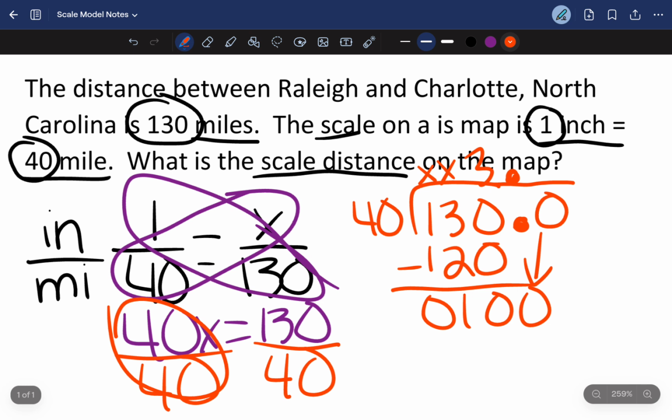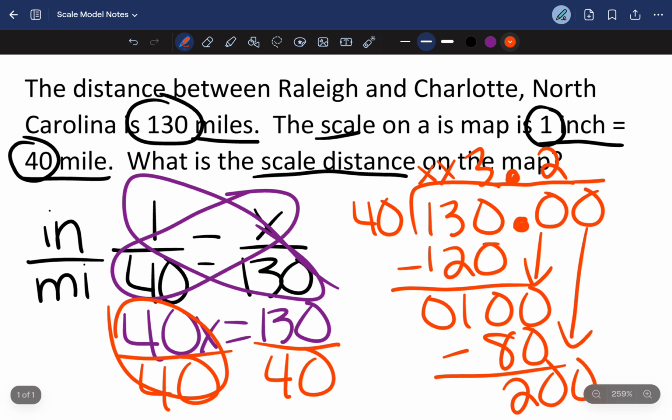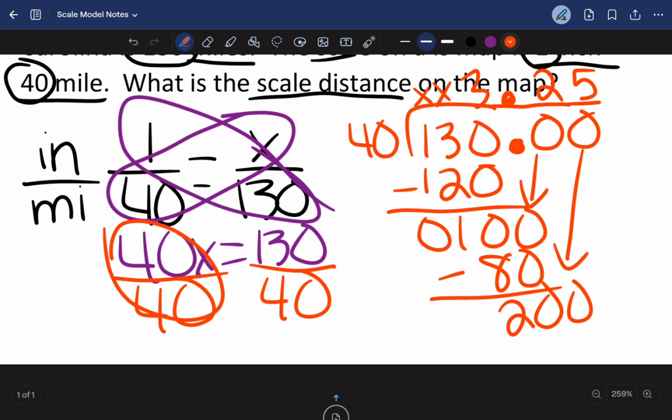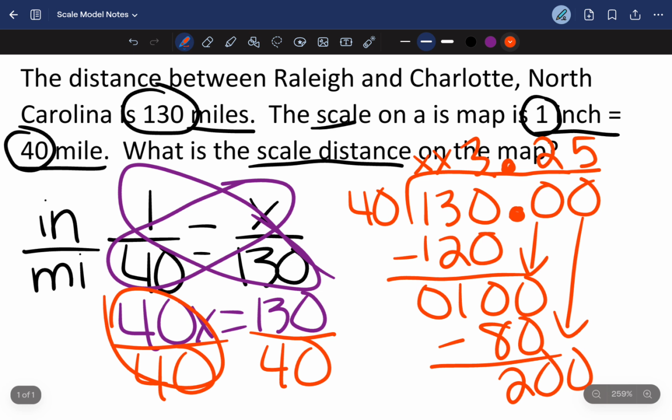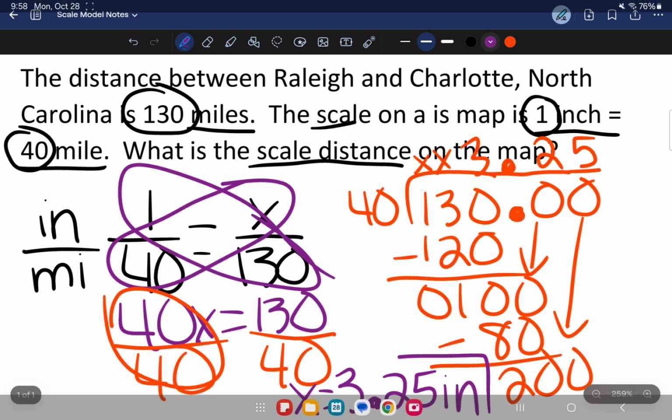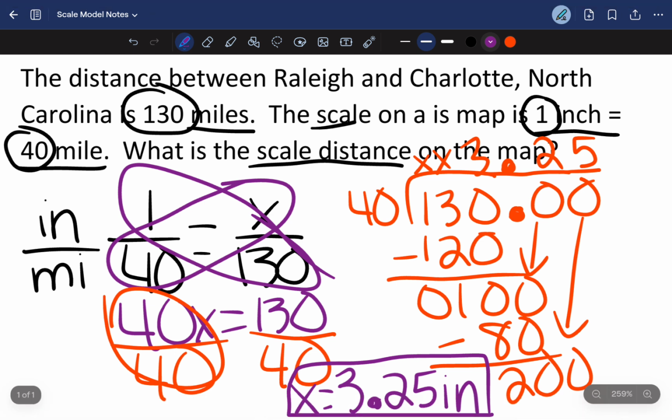If I skip count my 40s, it goes in 2 times. I'm going to subtract 80 for a remainder of 20. And then if I add another 0, bring that down, it's 200. And it goes in exactly 5 times. So what that tells me is that the scale distance, x, equals 3 and 25 hundredths inches. So 3.25 is our answer.